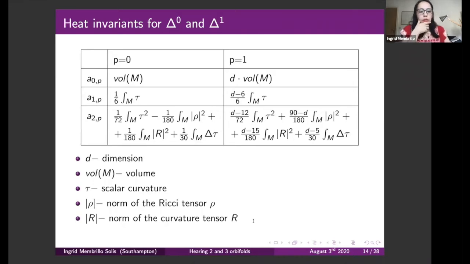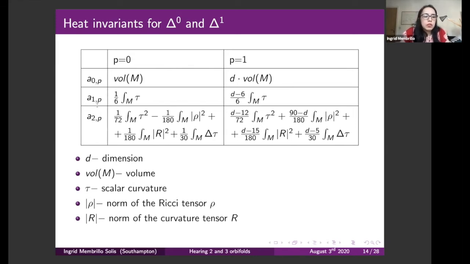Now let's look at the first heat invariants for delta 0 and delta 1 acting on functions and on one-forms. The first heat invariant for functions, a_{0,0}, is just the volume of the manifold. And for one-forms, a_{0,1} is just the volume of the manifold times its dimension.